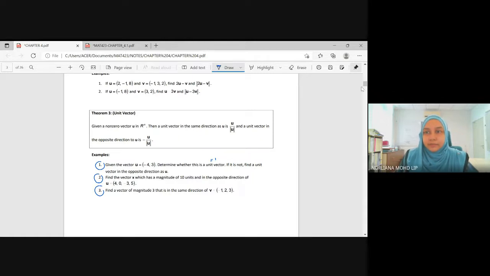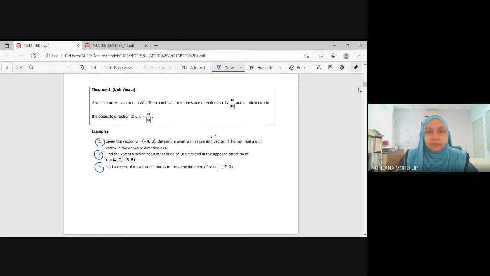Okay, let's try this one. So, find the magnitude of u. Okay, everyone can try. It is equal to 5, right? 5 is not equal to 1. So, it is not a unit vector. Okay, if not, find a unit vector in the opposite direction.